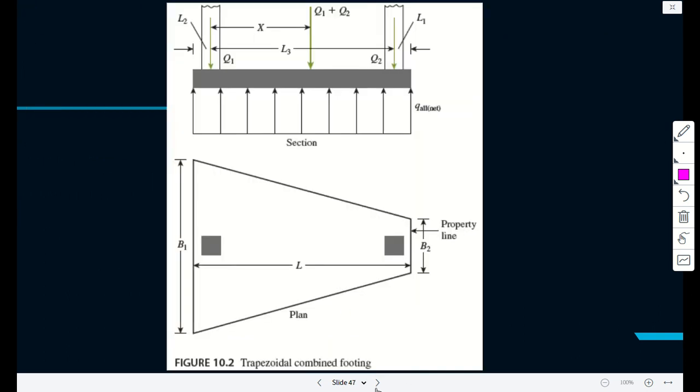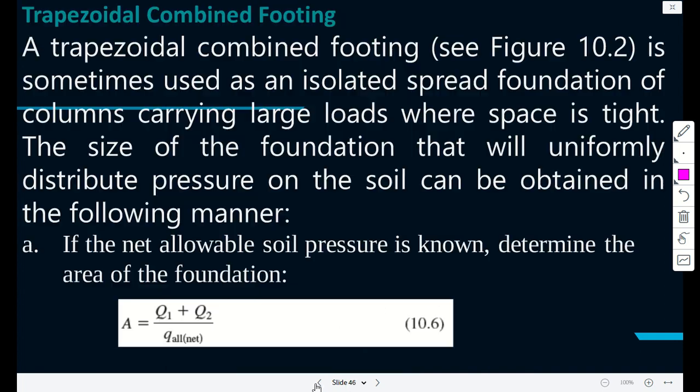See this figure. You can have a trapezoidal combined footing. It is sometimes used as an isolated spread footing foundation of columns carrying large loads where space is tight. The size of the foundation that will uniformly distribute pressure on the soil can be obtained in the following manner.